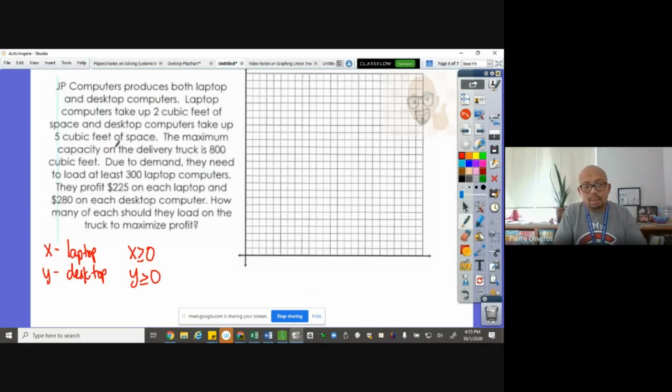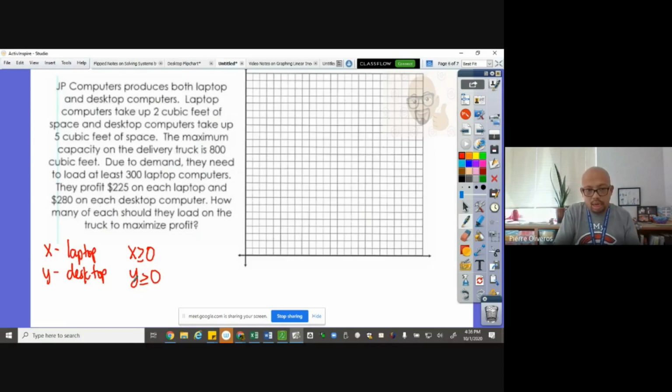Now, the maximum capacity on the delivery truck is 800 cubic feet. So if you own this JC Computers, you have 2 cubic feet for every laptop, and you have 5 for the desktop space-wise. But the most you can have is only 800. So how can you make your constraint or your formula there?